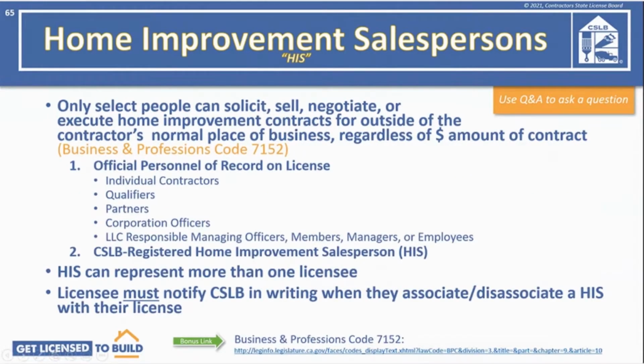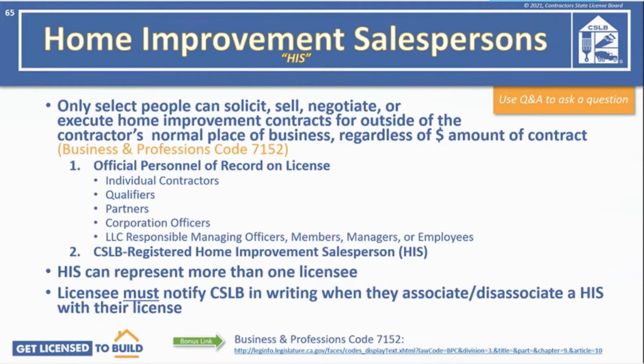Once you get your license and get to work, you might want to hire someone as a salesperson to solicit, sell, and negotiate home improvement contracts on your behalf outside of your place of business. These people are called Home Improvement Salespersons, or HIS.